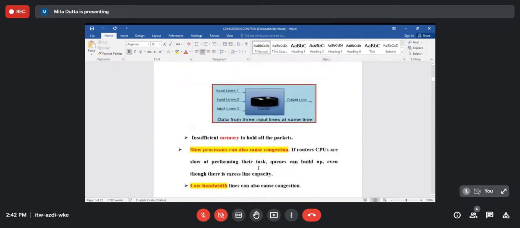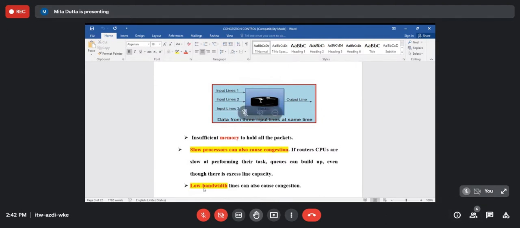Now, why does congestion occur in a network? There are several factors in these situations. Suppose we are going to send packets through a router. This router is shown here, and the router accepts the packets and has a buffer to store them.